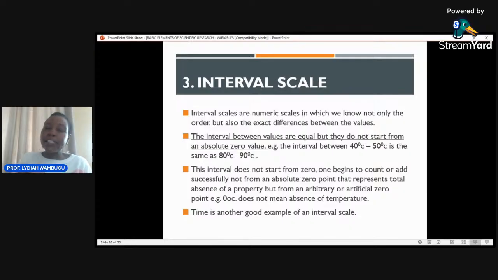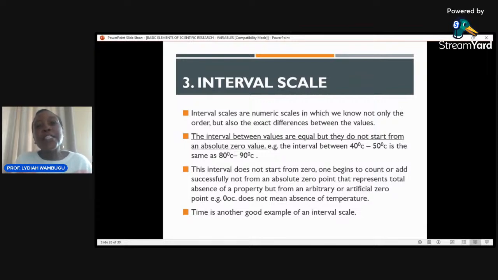So with interval, what I need you to note is that it does not start from an absolute zero. It is numerical, it is in numbers, but it normally starts from an artificial zero. When I say the temperature is 30, it did not start from zero. Zero is a temperature.